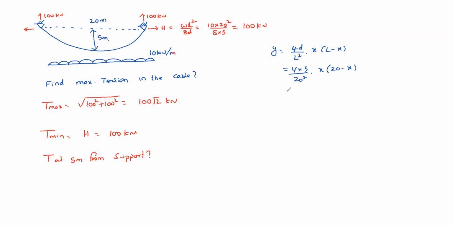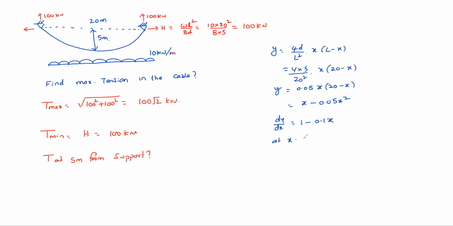That equals 1 by 20, 0.05 into x into 20 minus x. That is y. dy by dx equals 1 minus 0.1 x, right?